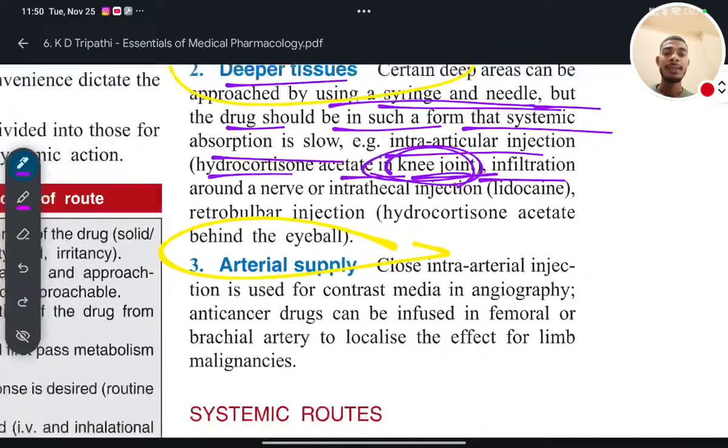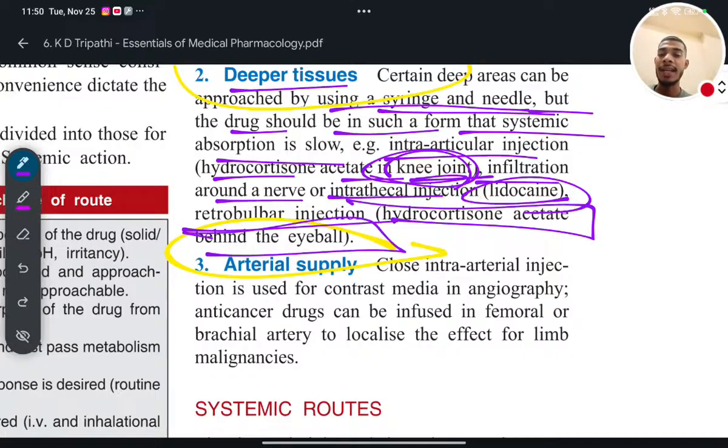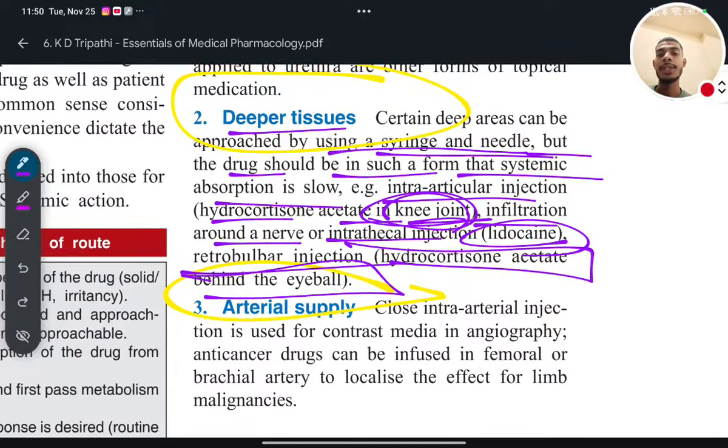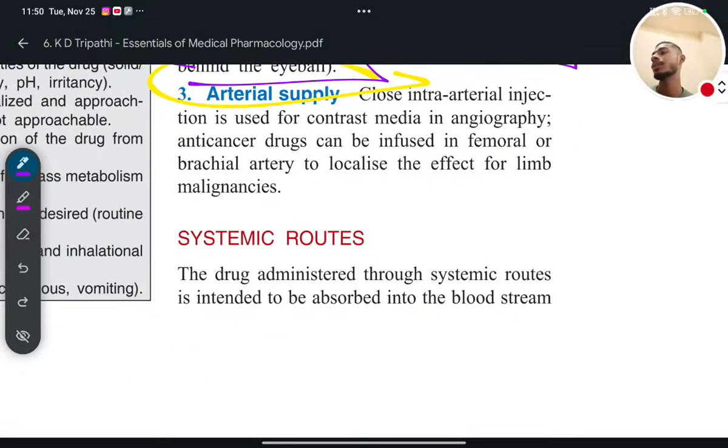And infiltration around a nerve or intrathecal injection of lidocaine. Retrobulbar injection, hydrocortisone acetate behind the eyeball. So these are deep tissue administration, where the drug is administered directly inside the tissue.